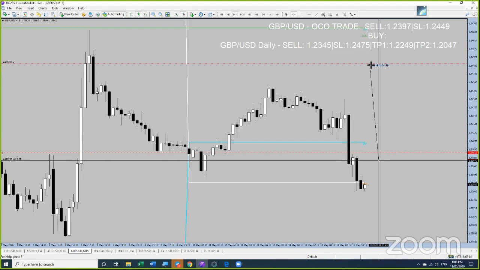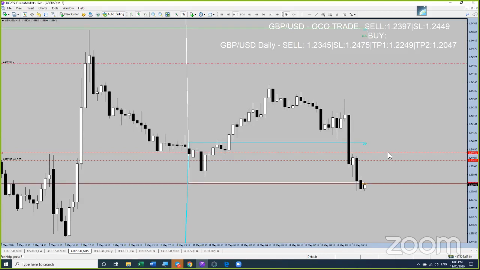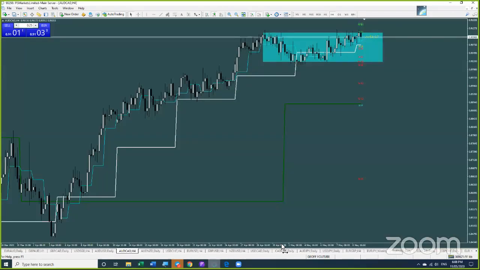I don't think you worry too much about that, guys, if that's a loser, but that's where our trail should be right now at 1.2401. Hopefully that just keeps going, of course, and we don't have to worry about losing. We worry about winning 2 or 3%. That'd be cool.